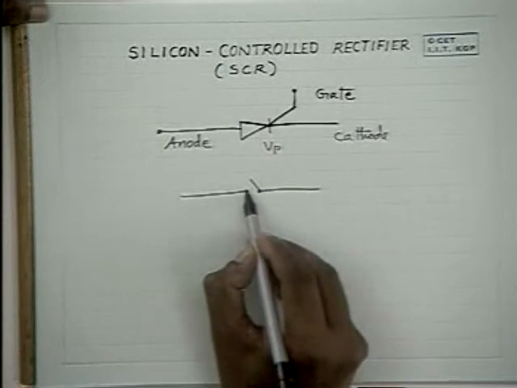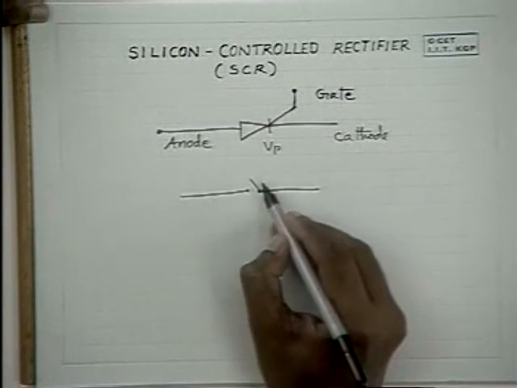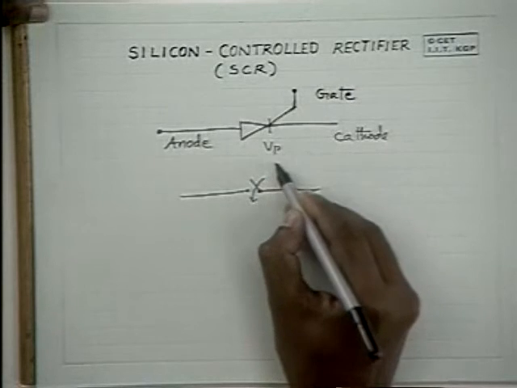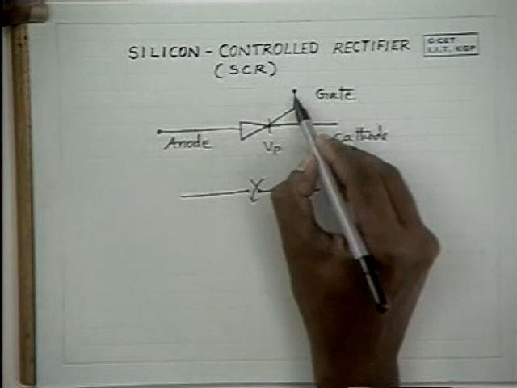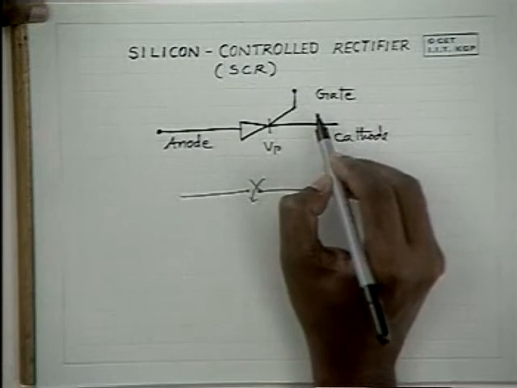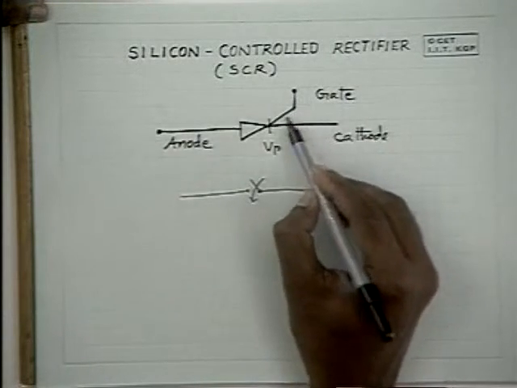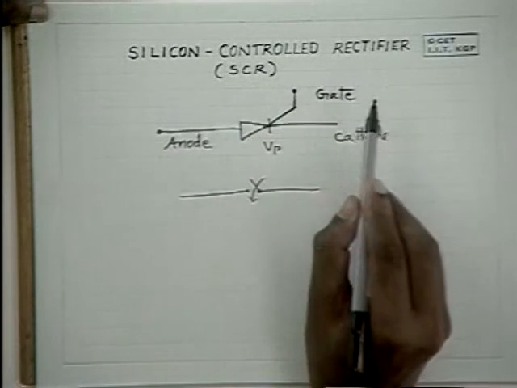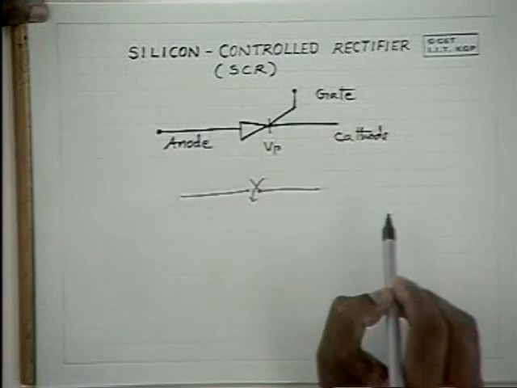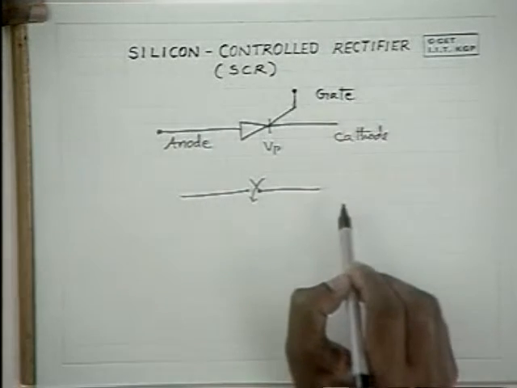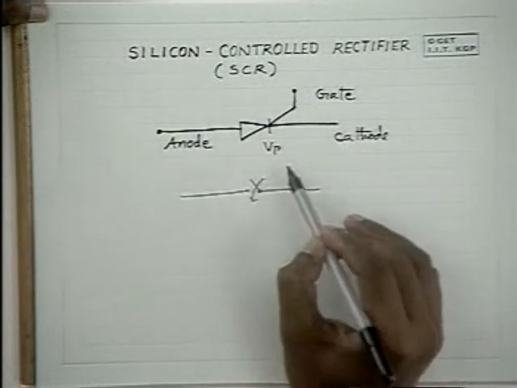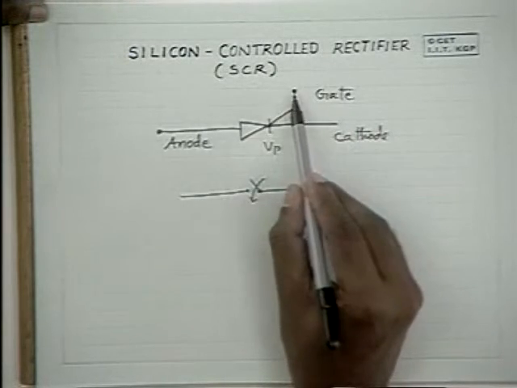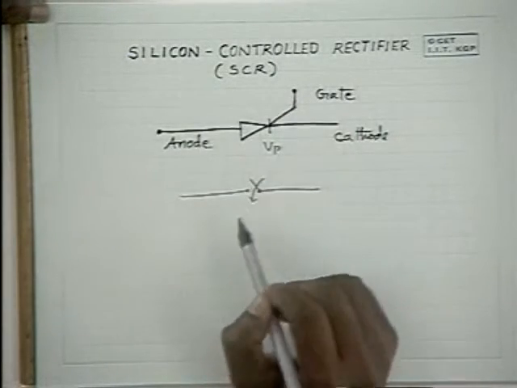It is like a switch. The SCR acts like a switch, and this can be closed by applying a small positive pulse at the gate. Once the positive pulse is applied, it acts like a short circuit, and even if the positive pulse is removed, it remains like a short circuit. That means it can be used as a switch which can be controlled by a small gate potential.